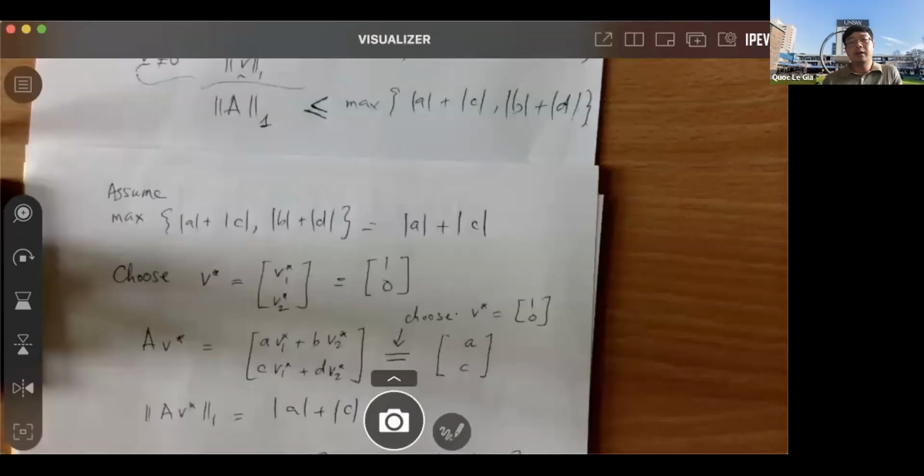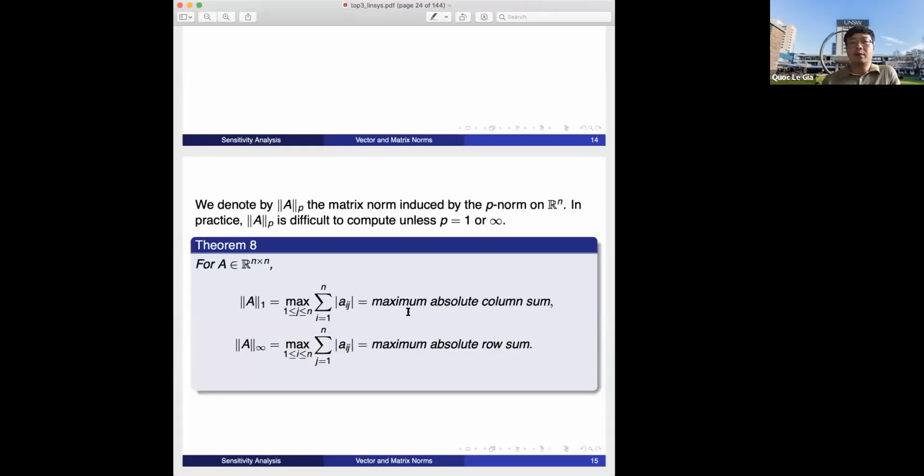Remember, this is not a definition of the one norm, but just a consequence of the definition. You apply the definition, then the triangle inequality, then the definition of the norm of the matrix, and you get this.